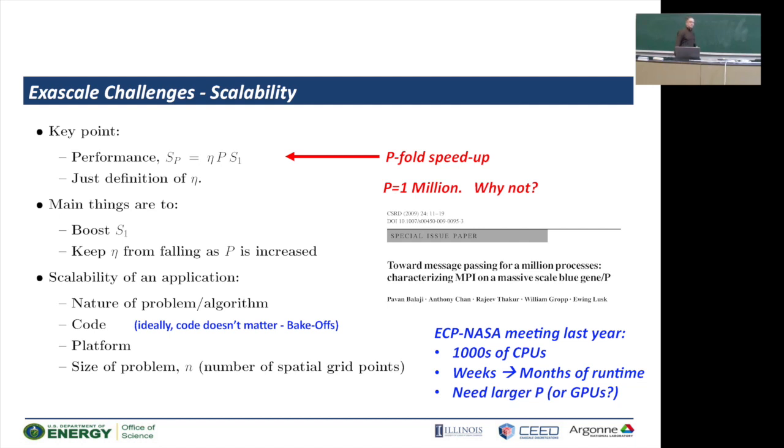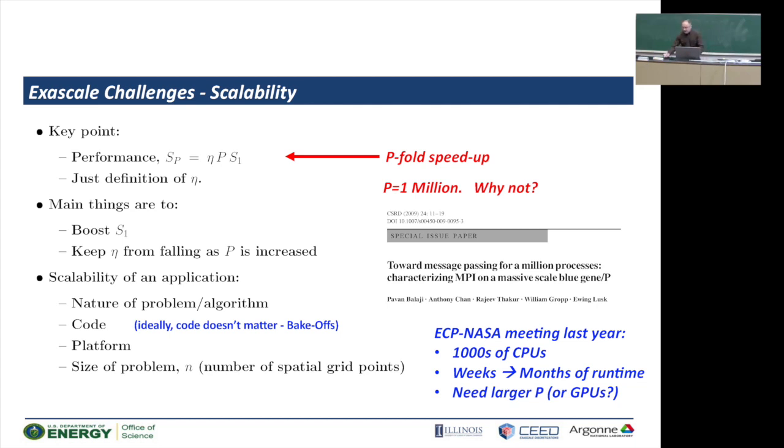If you run on 100, you should be getting 100 teraflops. The problem is Eta, of course, and this is just the definition of Eta. So this is inescapable. You measure these numbers, and then Eta is just the ratio of those two. So the whole idea is to keep Eta from going to 0 as P is increased. All right. And so what controls that is the scalability of the application.